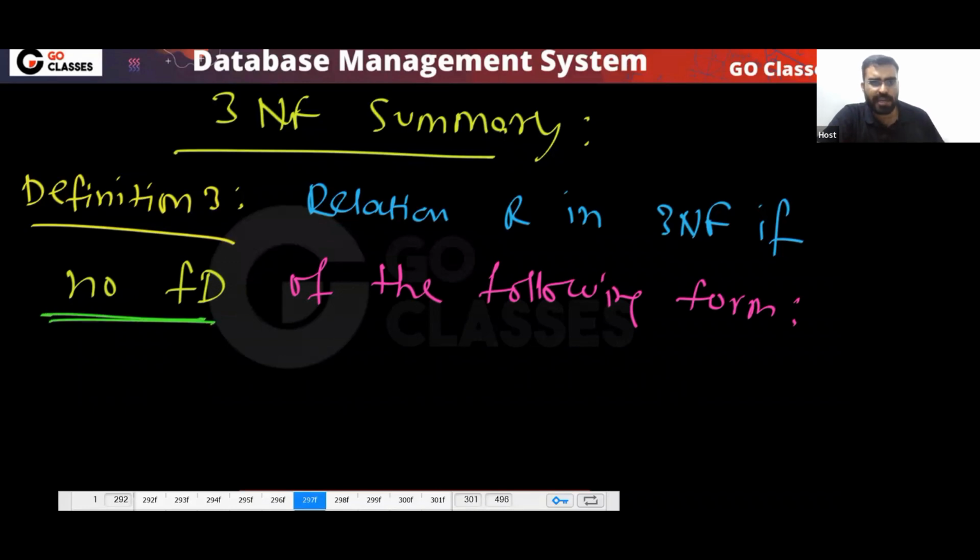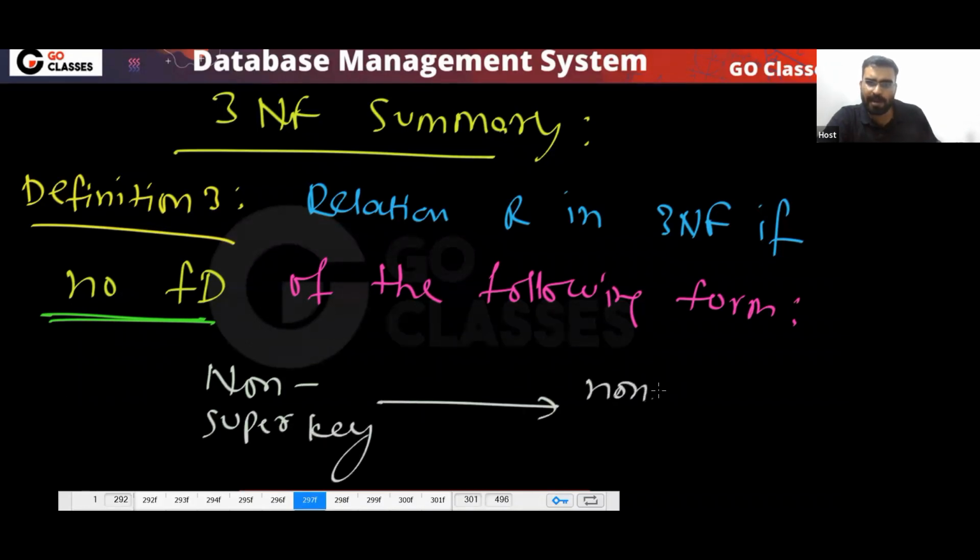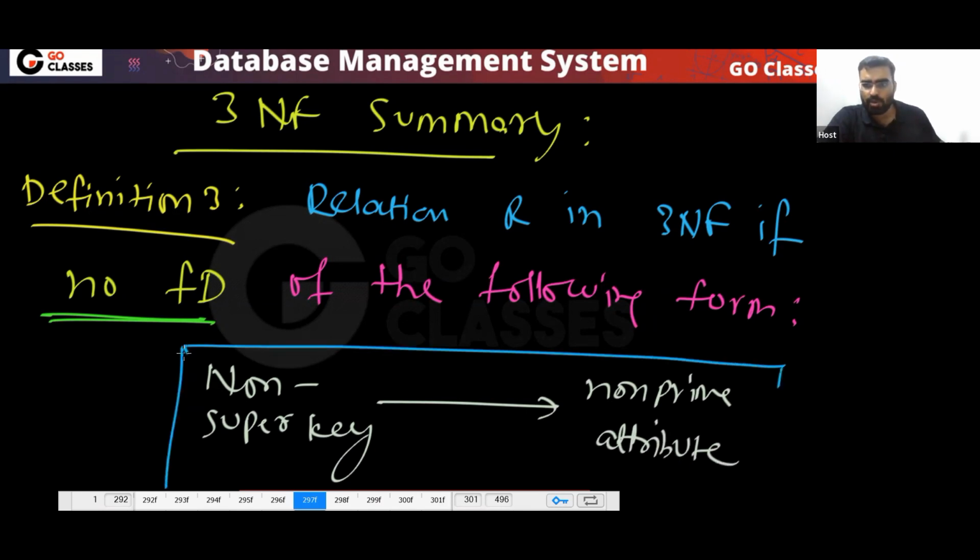You should not have any FD of the following form, where a non-super key determines a non-prime attribute. Okay, is this clear? So no FD should be like this.